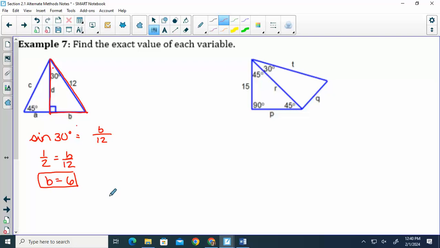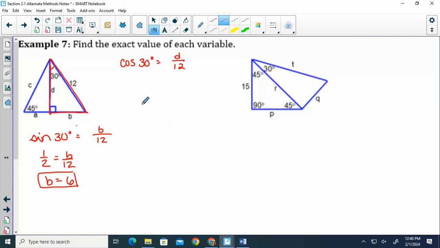So, from my 30 degrees, if I'm looking for side D, that is now my adjacent. Let's stick with using the 12. So what trig function involves adjacent and hypotenuse? So the cosine of 30 degrees equals my adjacent side D divided by the hypotenuse 12.